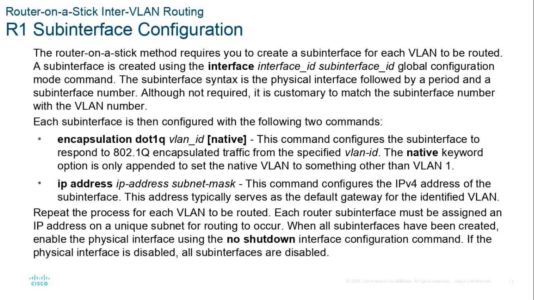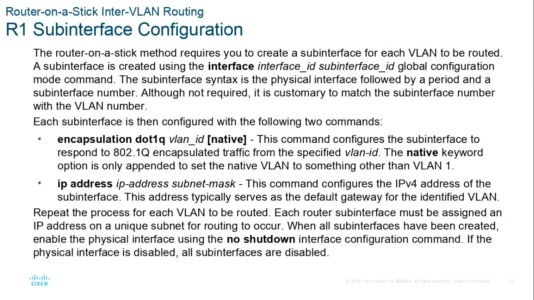Now, before this time, we've only assigned one IP address to a physical Ethernet port, maybe 192.168.1.1. But when we create our logical sub-interfaces, we're not going to assign any IP address to the physical port itself. We're going to assign IP addresses only to the sub-interfaces that we're creating, .10.1, .20.1, .30.1, .99.1, and so forth.